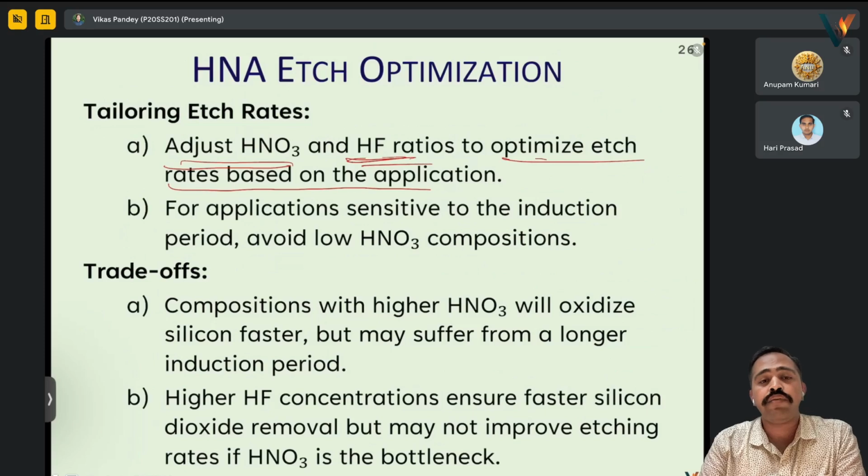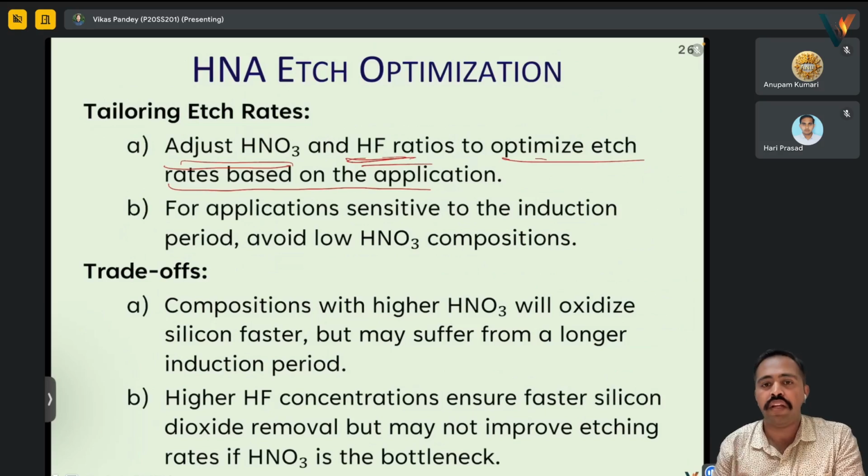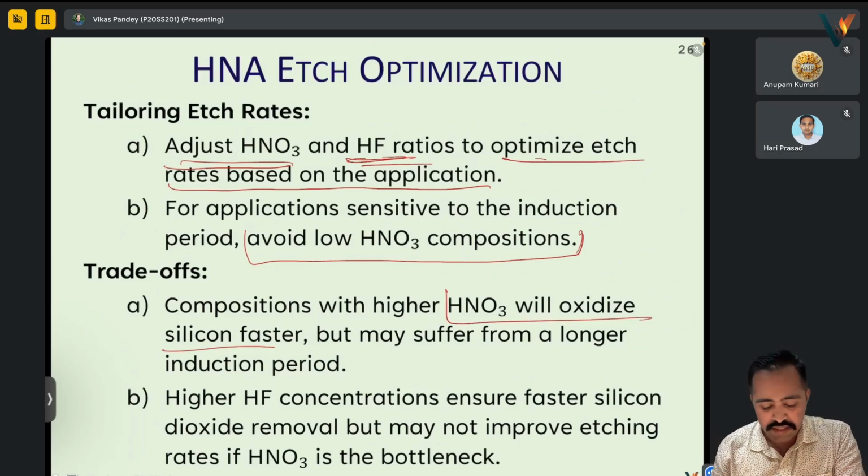And since we don't want the induction period, the initial delay before NO2 is formed, to be very high, low concentration of HNO3 is avoided. But there are trade-offs: higher HNO3 will oxidize the silicon faster but may suffer from a longer induction period.